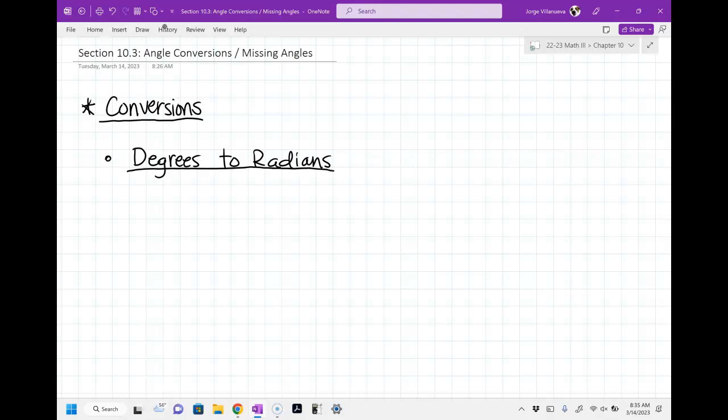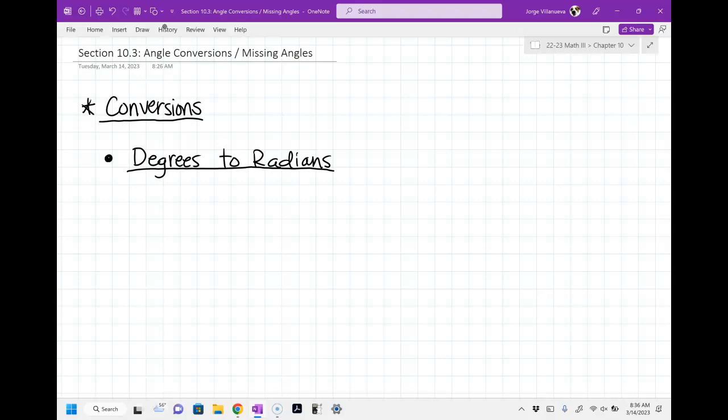So this is one method, degrees to radians. In other words, you have 35 degrees and you want to know how you change that to radians, radian measure. We'll talk a little bit more about what a radian means, but we're not going to do that today.